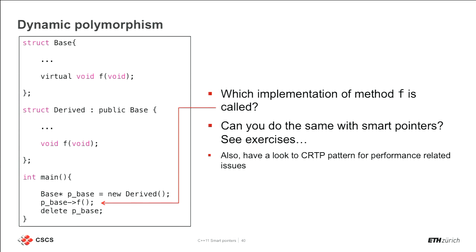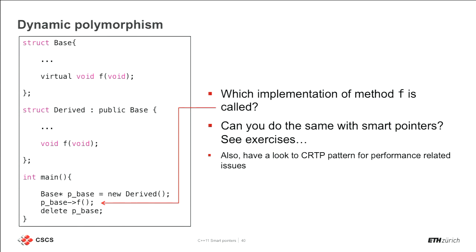You know for sure what dynamic polymorphism is, but I put here a very quick example. We have this base struct with the virtual f function, and then a derived struct which derives from base with a specific implementation of the same method, f.